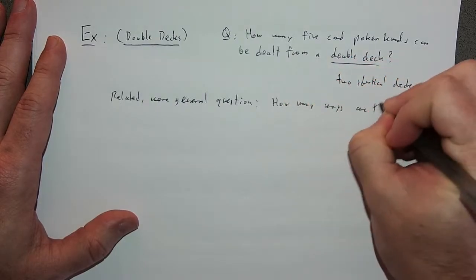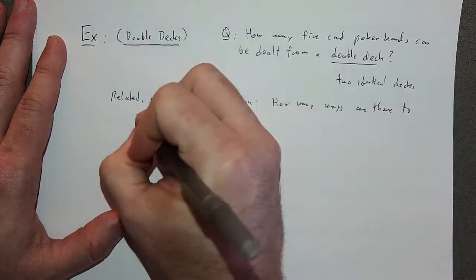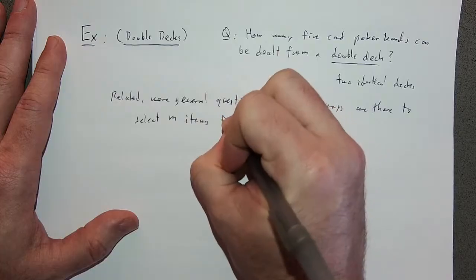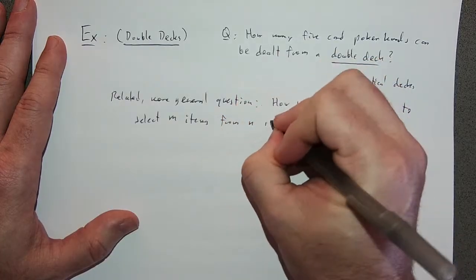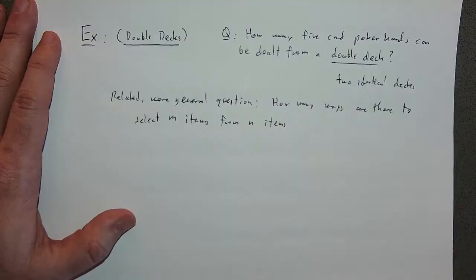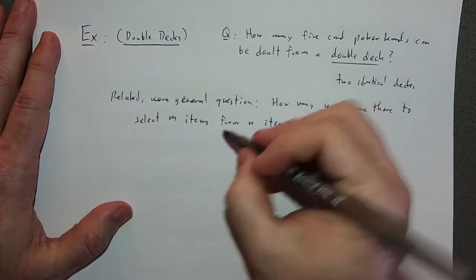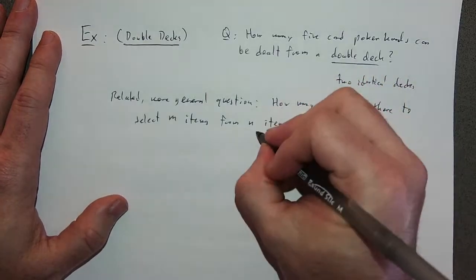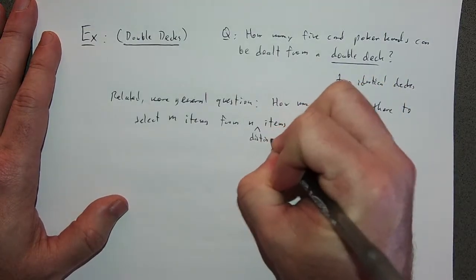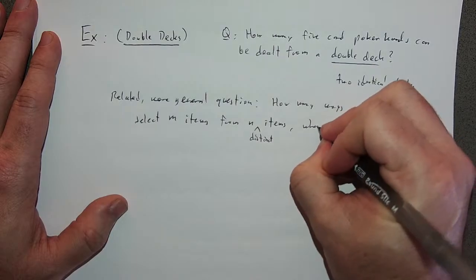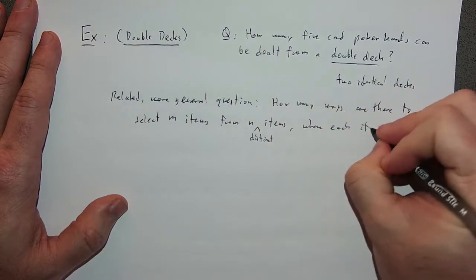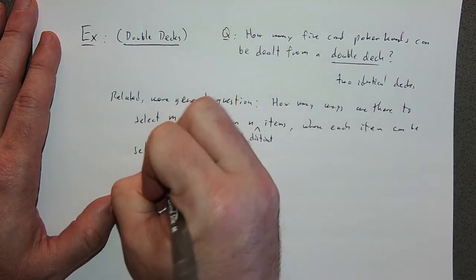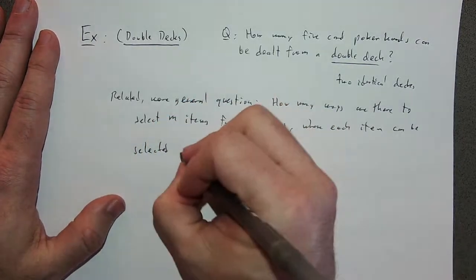How many ways are there to select m items from n items? We'll say these are n distinct items where each item can be selected at most twice.